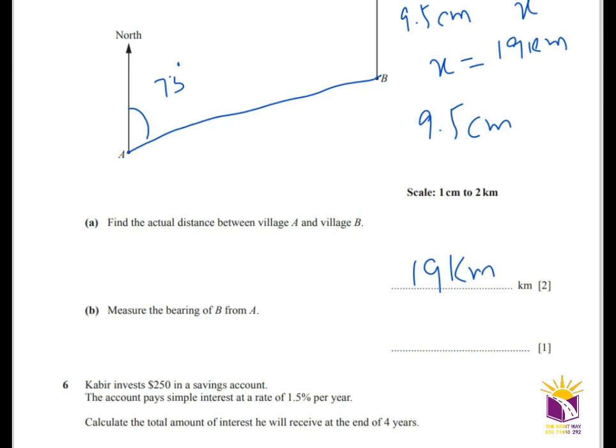But the bearing should be written with 3 digits. So 73 is 2 digits, 7 and 3. You will write it as 0, 7, 3.